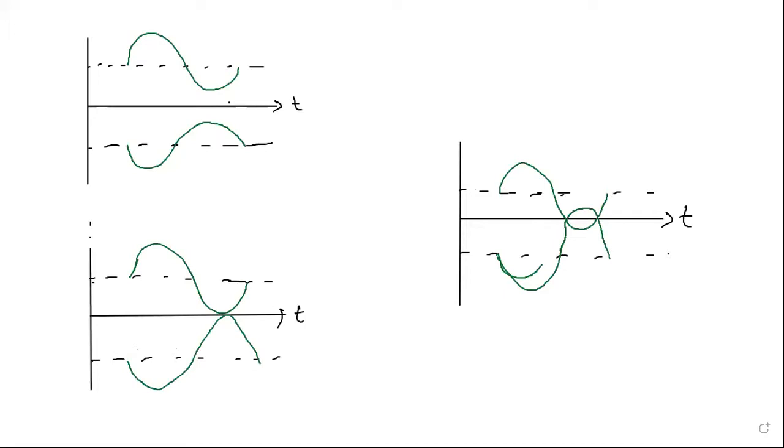So handwriting उतना अच्छा नहीं है, but try to understand this. So what here I am showing, I think it is visible to you all. So this is the carrier signal, what I am drawing. Based on the amplitude of the modulating signal, the amplitude of the carrier is varying.